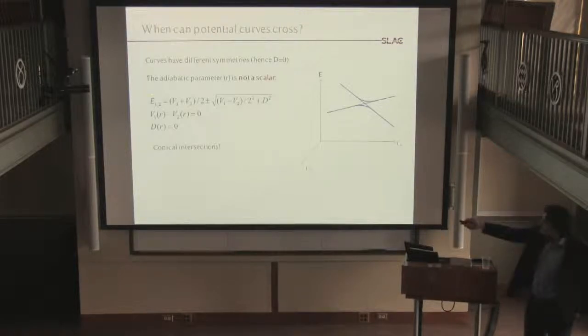And we can see this here. Again, we need to vanish this square root, and we have basically two conditions. The first condition is that delta, the difference between the potential curves, needs to be 0. And this means that we'll find some R naught that will satisfy that.